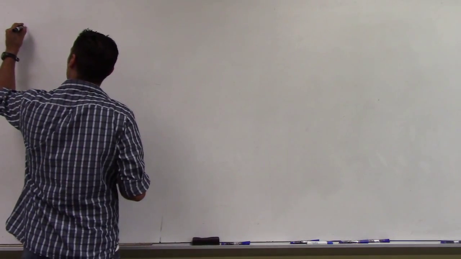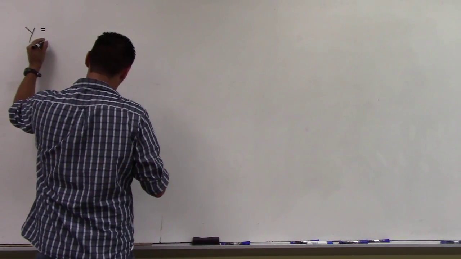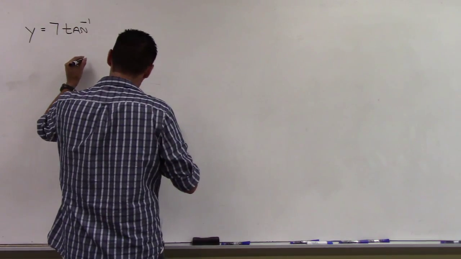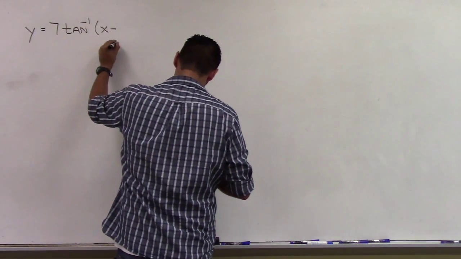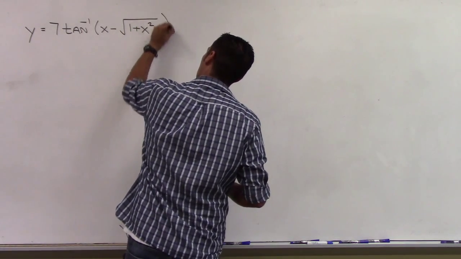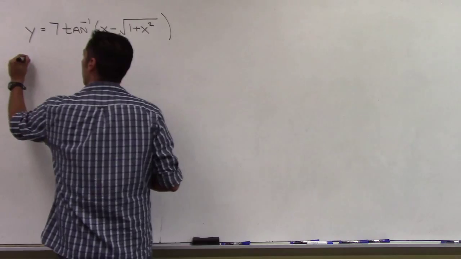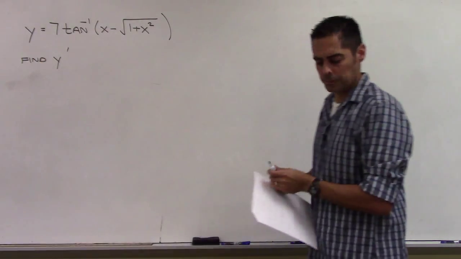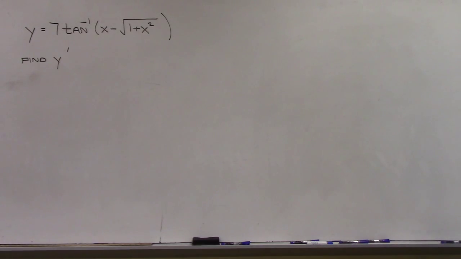All right, y is equal to, the algebra of this problem is pretty nasty. All right, so find y prime. So we have an arctangent, and inside of that we've got some stuff going on.